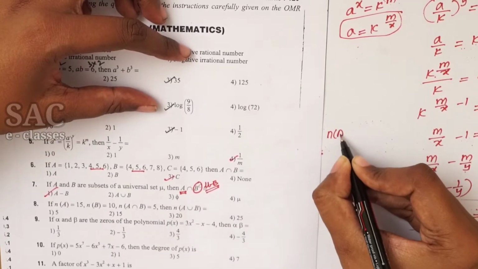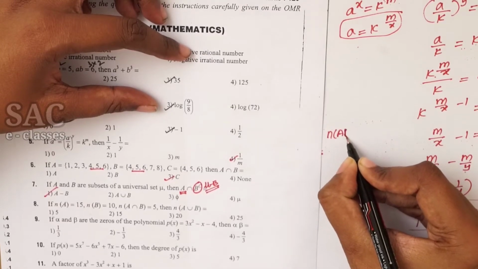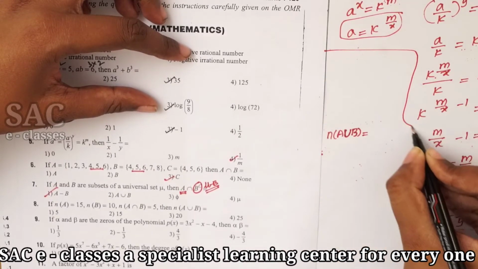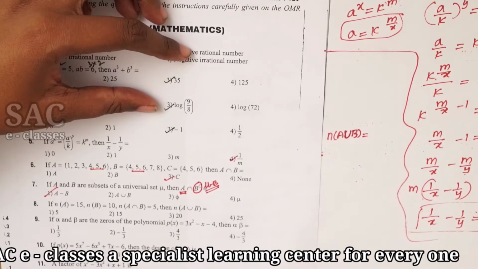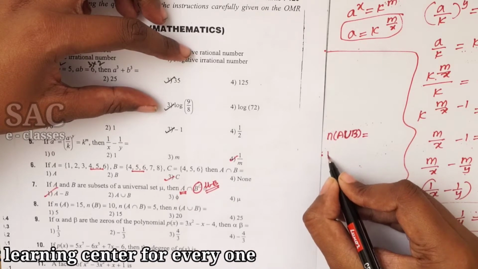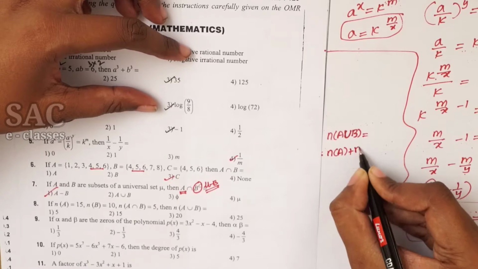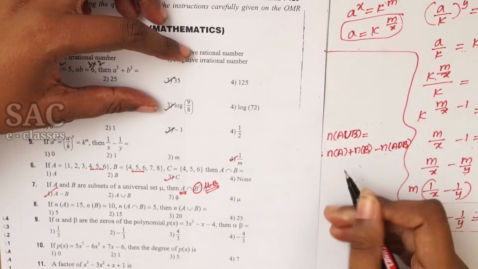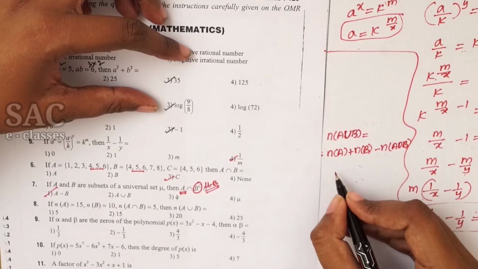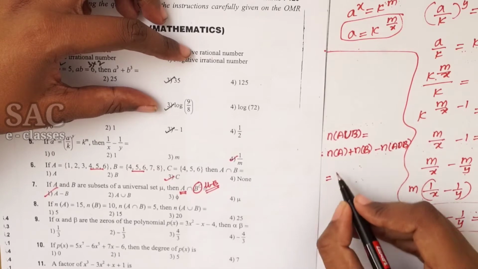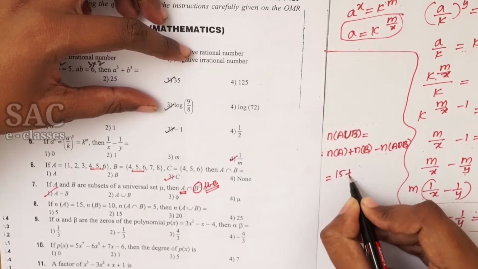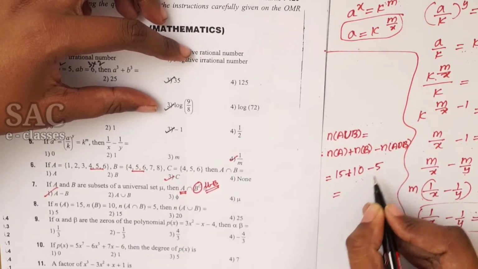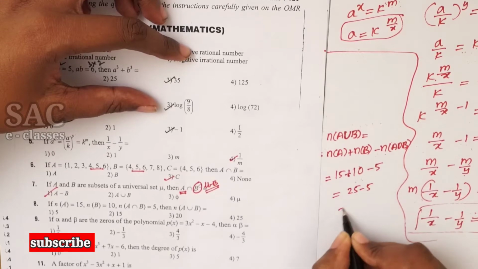To find n of A union B, we have to use the identity between the union and intersection, that is n of A union B equal to n of A plus n of B minus n of A intersection B. N of A union B we don't know, but n of A is 15, n of B is 10, n of A intersection B is 5. So 25 minus 5, which is 20.